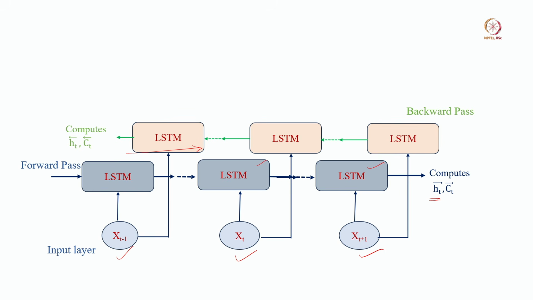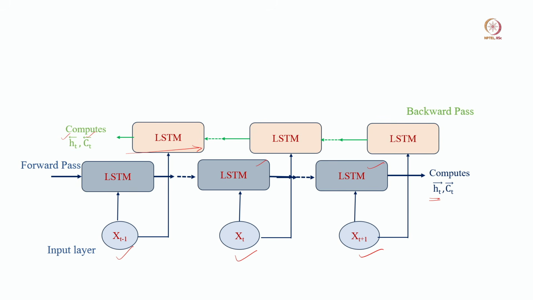Here also, in each and every cell ht and ct will be computed, in all the steps in the backward direction. So, this arrow shows that it is computing the hidden state and the cell state in the backward direction.